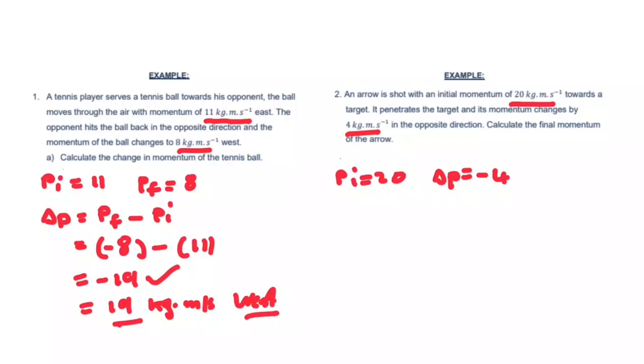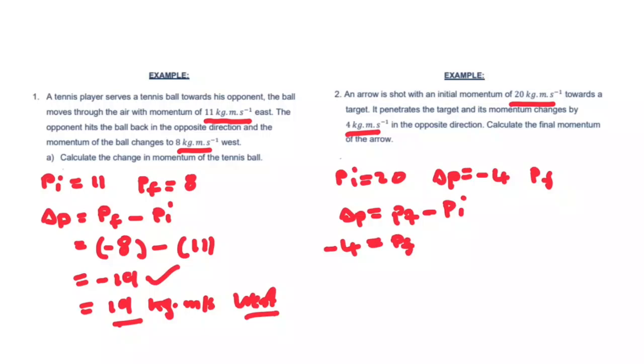We are interested in the final momentum. So we're still going to use the same equation. We're going to have the change in momentum being equal to momentum final minus momentum initial. We have the change in momentum, that is minus 4. We have the final momentum. Well, we don't. That's what we're interested in.